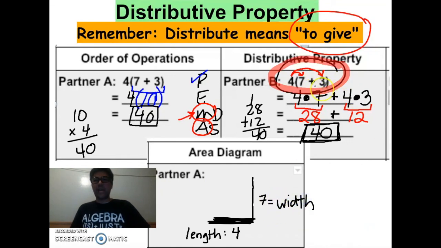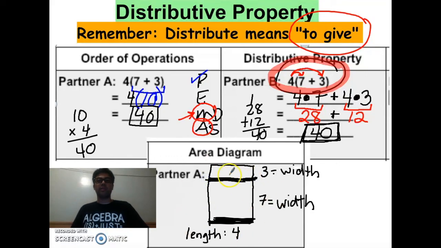And it's saying add a 3 to the width. So here's another width that's 3. And there we go. I'm drawing this in the shape of a rectangle. And so what we're saying here is that the total area of this diagram is going to be 40.